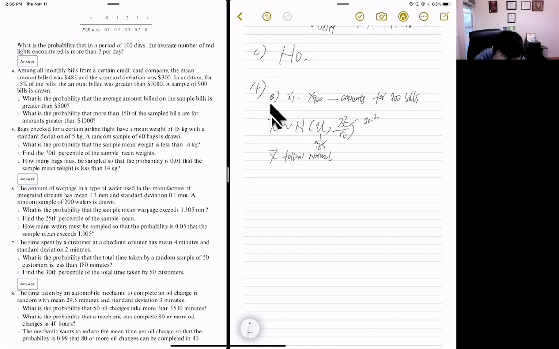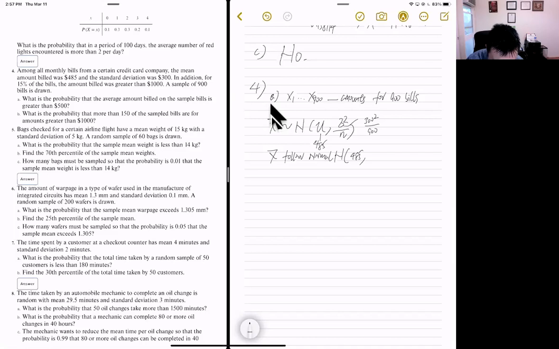So 300 squared over n is 900. All right, so follow a normal distribution. So the mean will be 485, doesn't change.